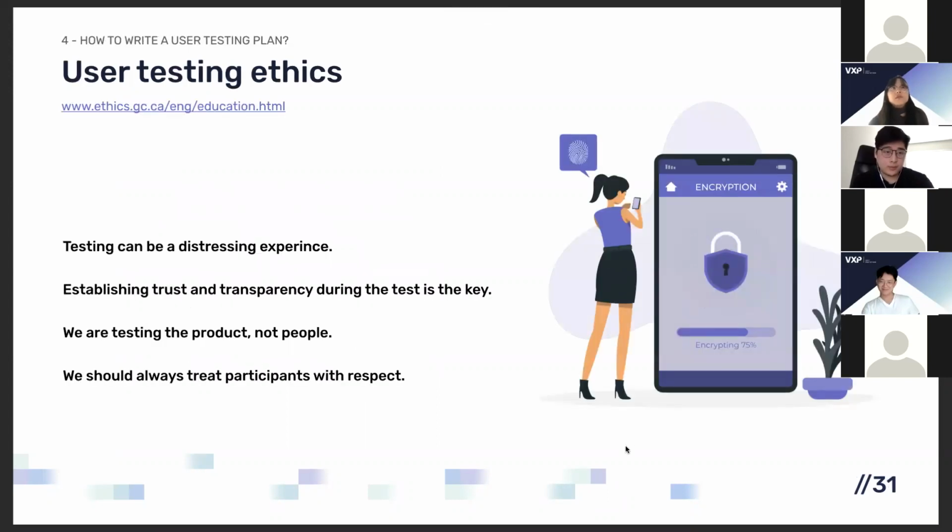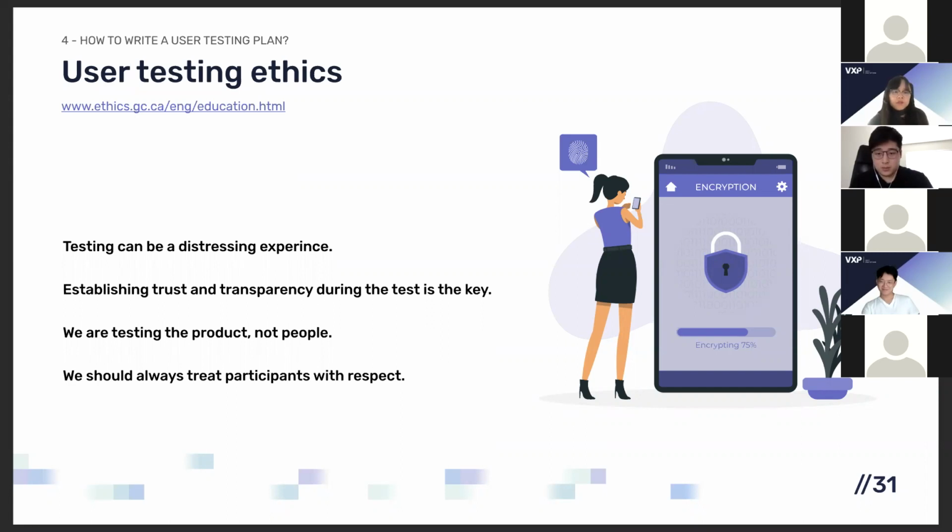So let's talk about user testing ethics. Well, testing can be stressful because it is a test, and most of the time it's a few facilitators or note takers versus one participant. So it can be extremely uncomfortable for certain people.